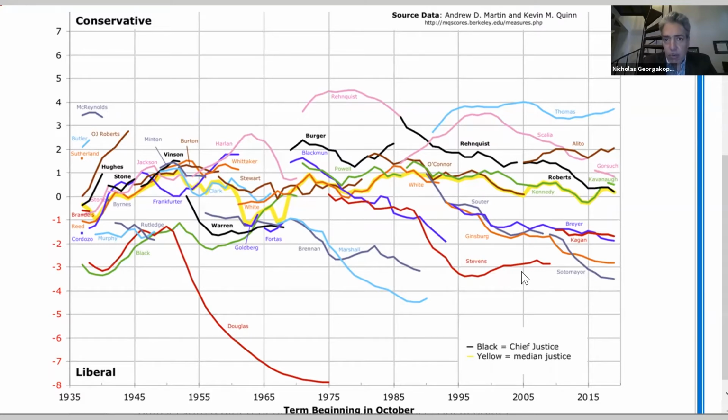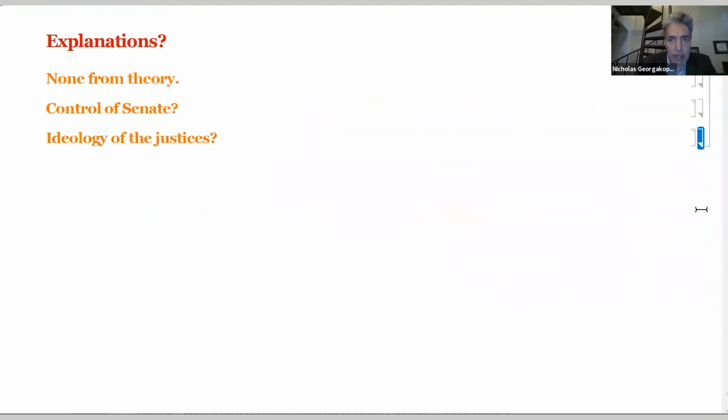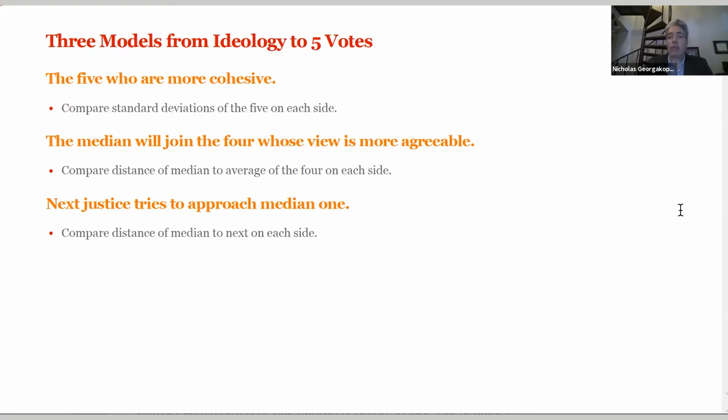Anyway, once I combine this data with the decisions of the justices, I now have to ask how coalitions of 5 get formed, and I propose I test three alternatives. One is that it's the 5 justices who have the more cohesive thinking, essentially comparing the standard deviation of the political positions of the 5 on each side.